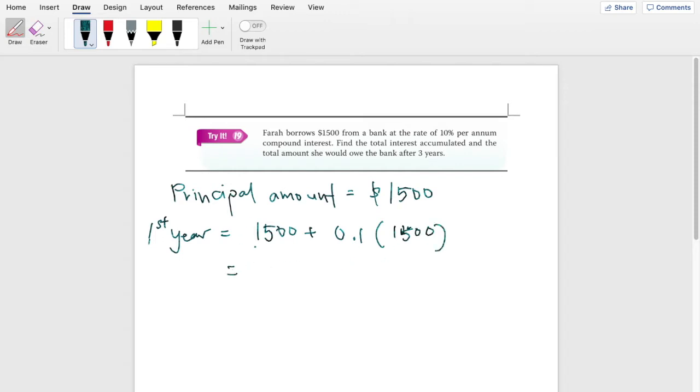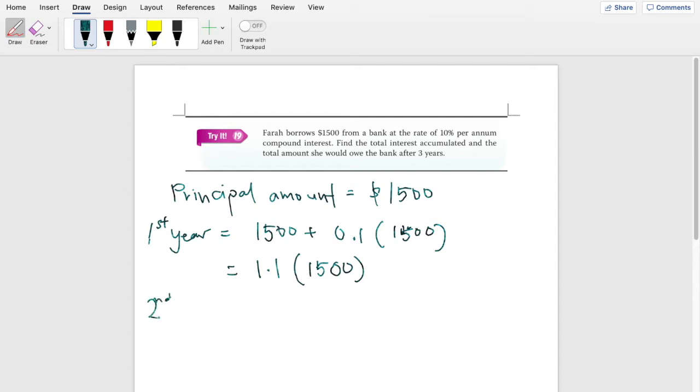This is 1 unit of 1,500 plus 0.1 of 1,500. So we add up to 1.1 times 1,500, right? This will be the total owed after the first year.